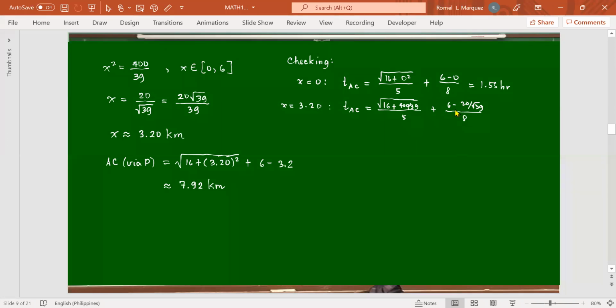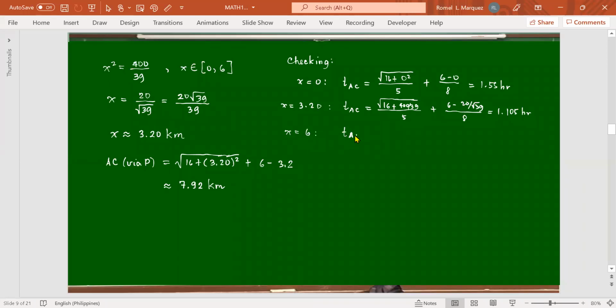Ano yung bali niyan, guys? 4 plus 400 divided by 39 equals, square root equals, divided by 5 plus 6 minus 20 divided by square root of 39, divided by 8. 1.1. 0.5 hours.